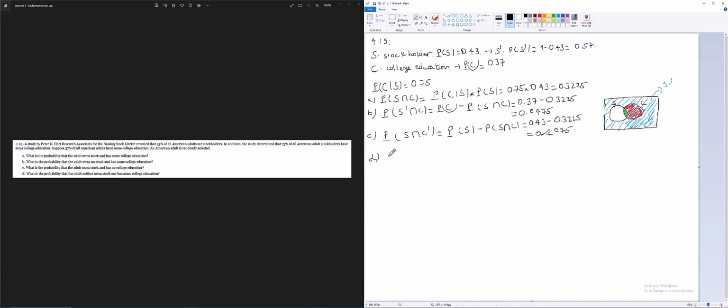In part D, we can use the same trick, right? We need to find the probability of S prime intersect C prime.